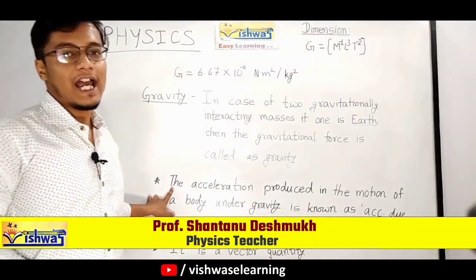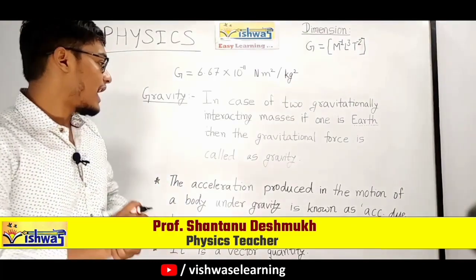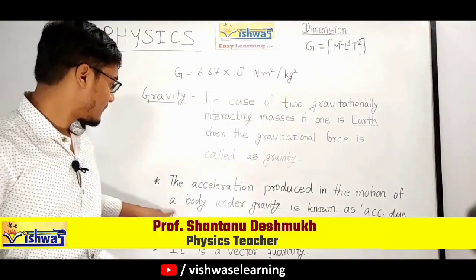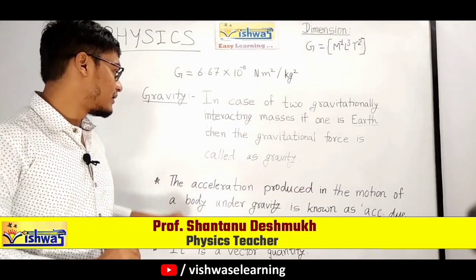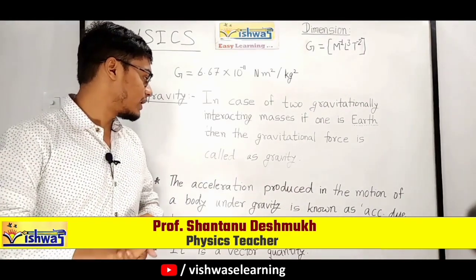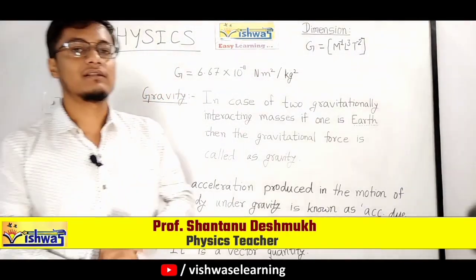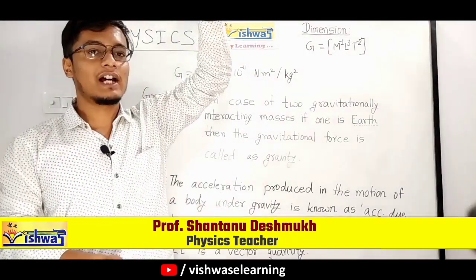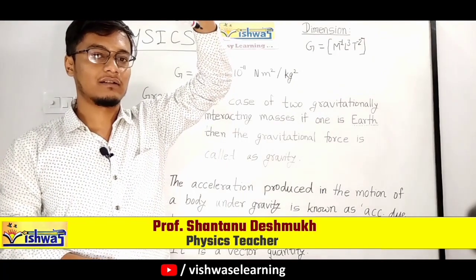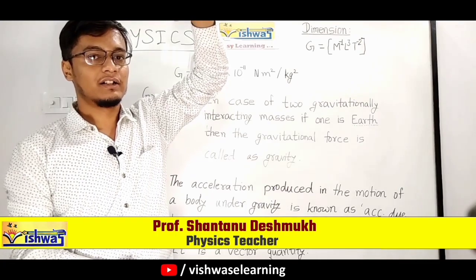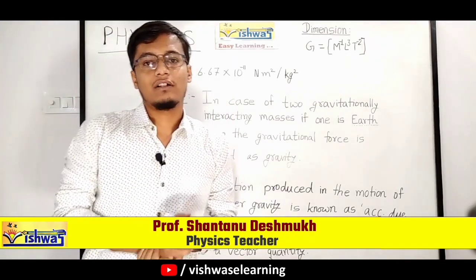Now we will see the acceleration due to gravity. The acceleration produced in the motion of a body under gravity is known as acceleration due to gravity. If we hold this pen at some height from the earth and release it, it falls down to the earth.